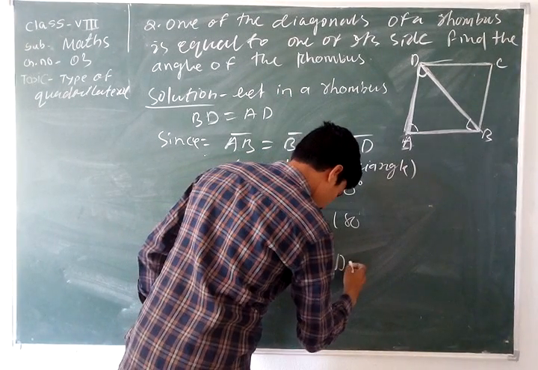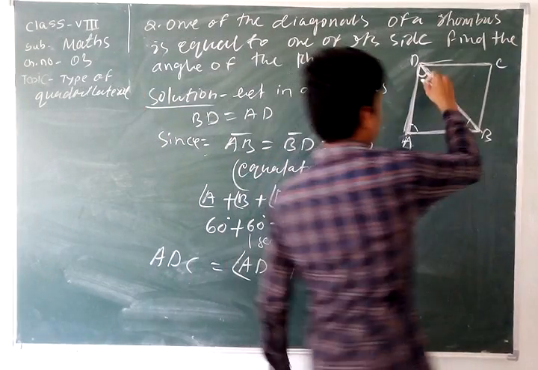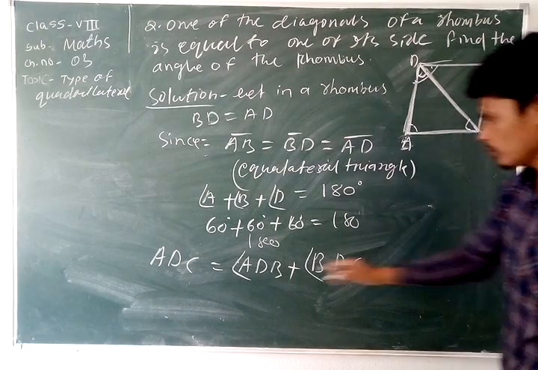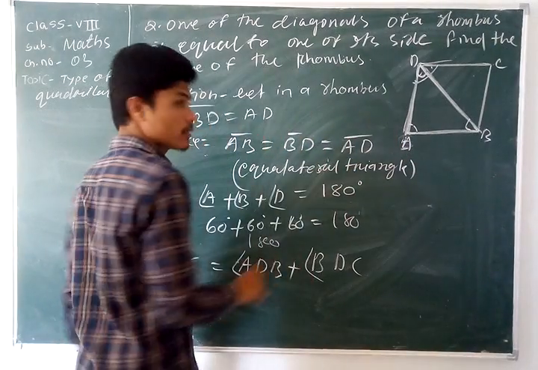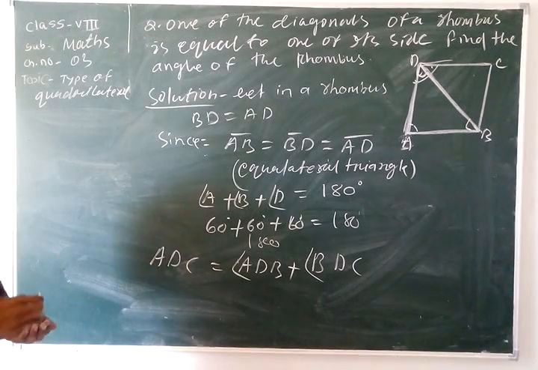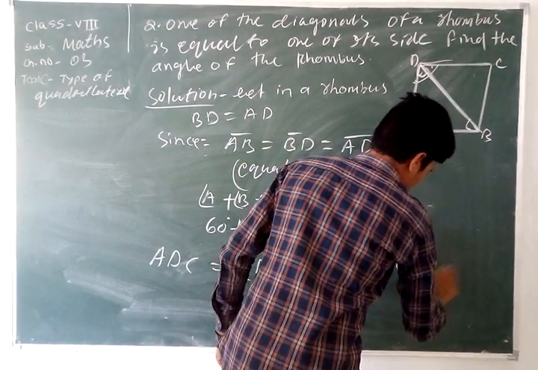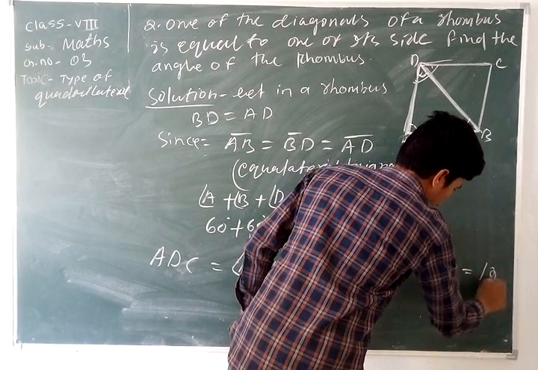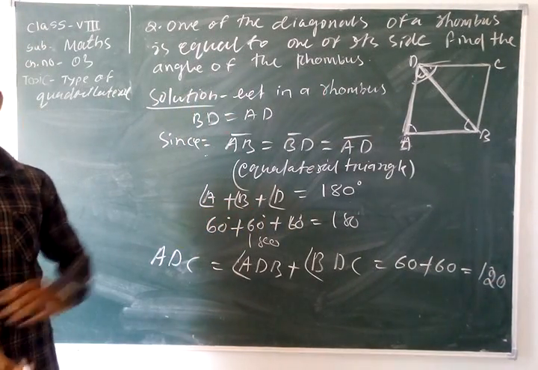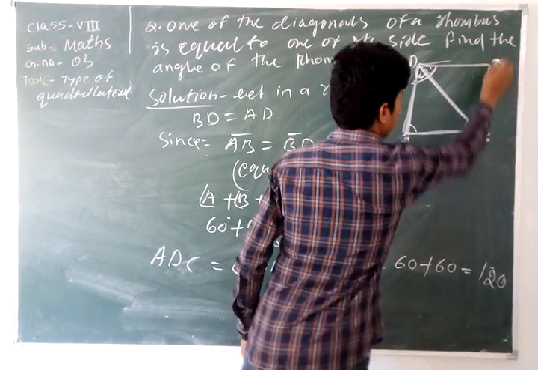These two angles. Then ADC equal to ADB plus BDC, so here BDC equal to 60 plus 60 equal to 120. That means the angle D equal to 120 degree.